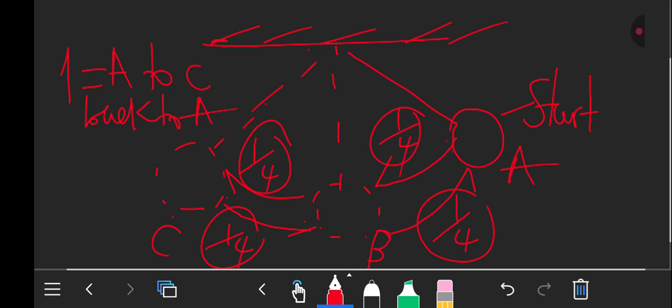So it makes 1 complete oscillation if it moves from point A to C and back to A. But if it just moves from point A to point C, that is just half. Okay?